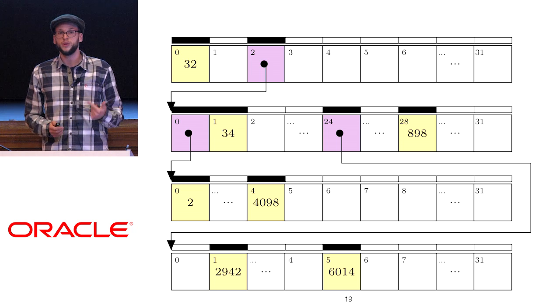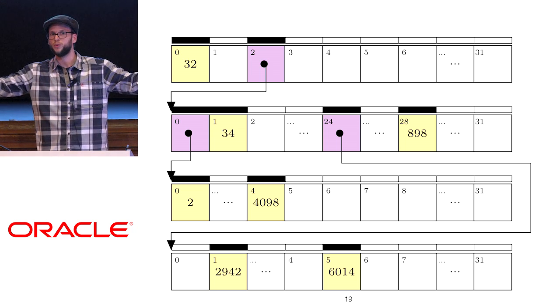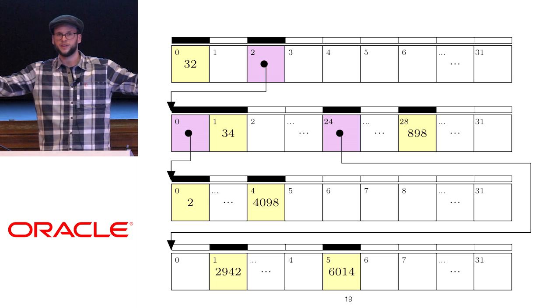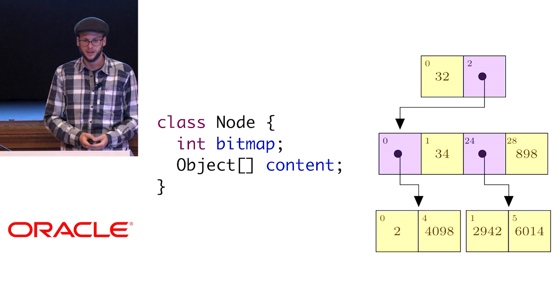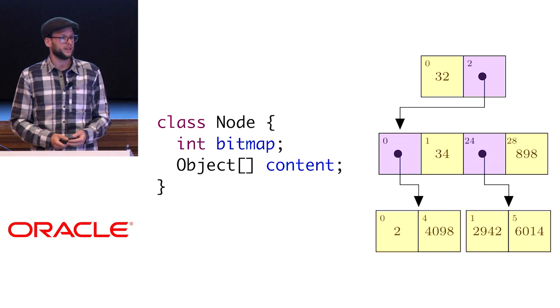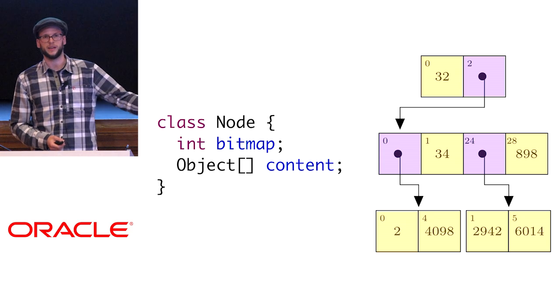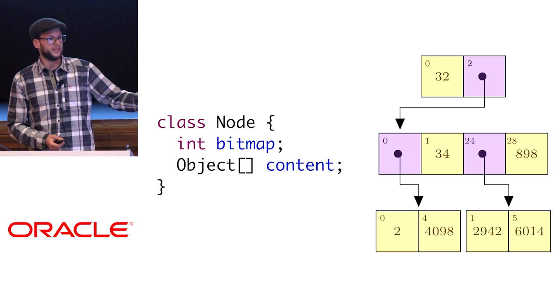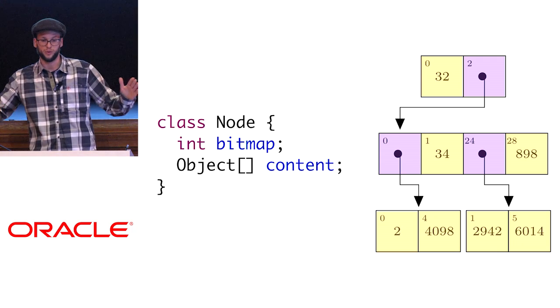By doing that, we can compress the conceptually 32-wide arrays to arrays that are as tight as we need them to represent the data. On the left, you see a Java code skeleton that shows exactly that, with a 32-bit integer bitmap and an array that can grow to that size.